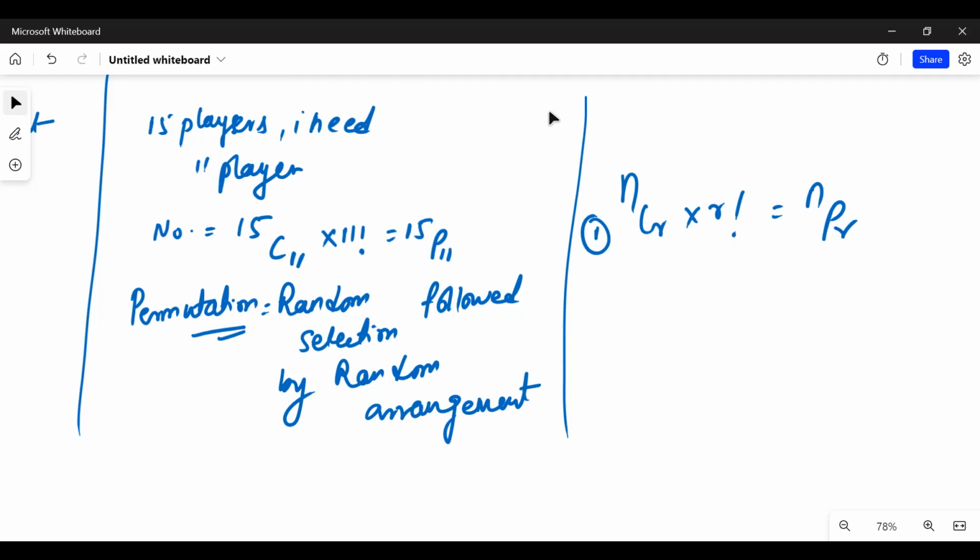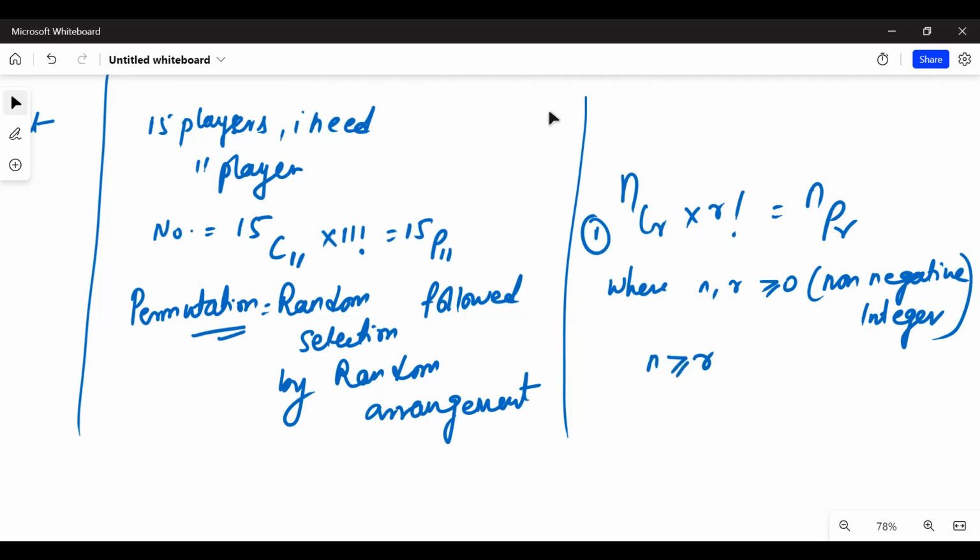Clear, everyone? Where, please remember, your n and r should be non-negative integers. So you can say that your r value will always be equal to n or less than n.